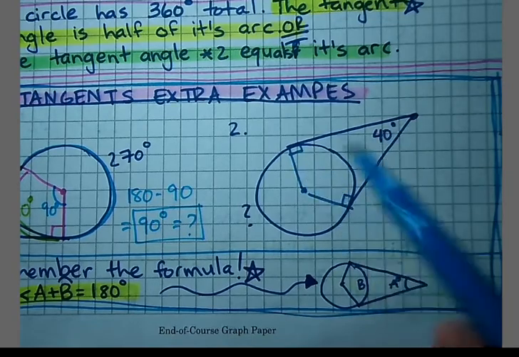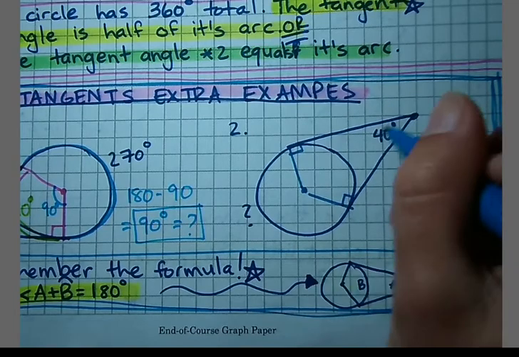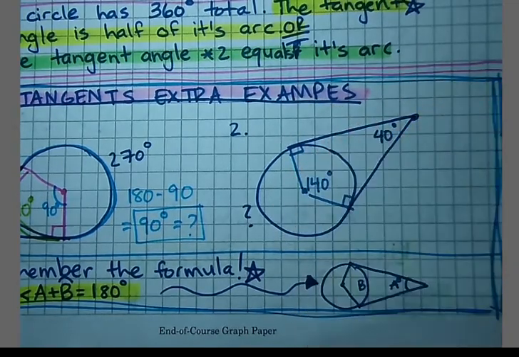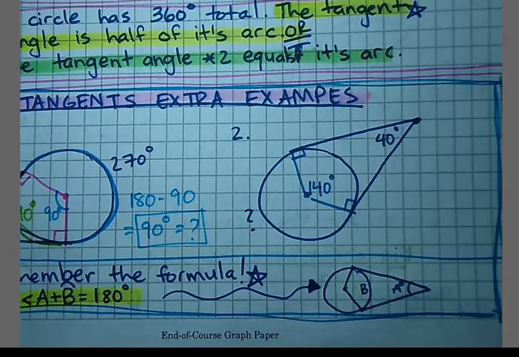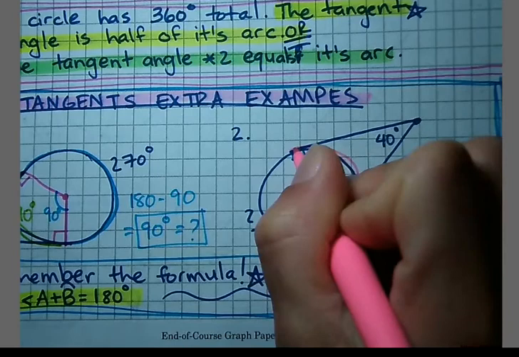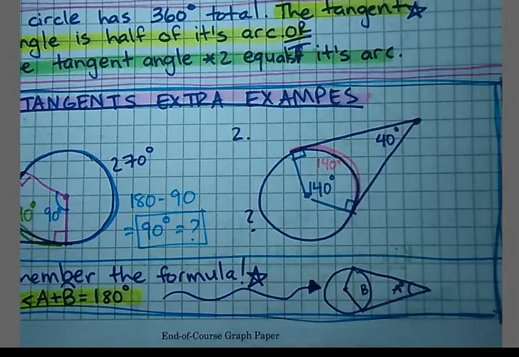So if this is 40 degrees, then this is 140 degrees, which is the same as the arc measure here. So this arc is also 140 degrees, because it's a central angle.